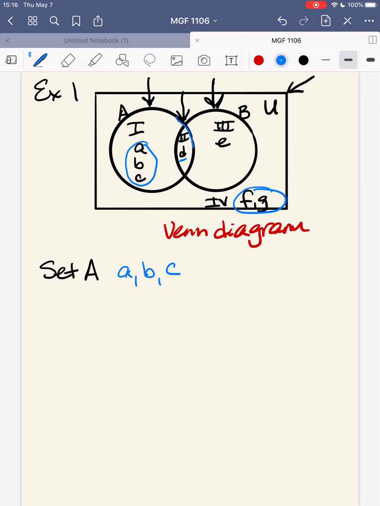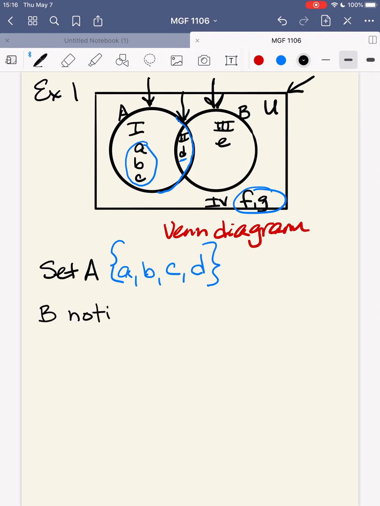It sits in the circle of A, okay? So it also represents D. Now, when we're listing our elements, we got to make sure that we put our braces in there. So the set A of this particular Venn diagram is A, B, C, and D.